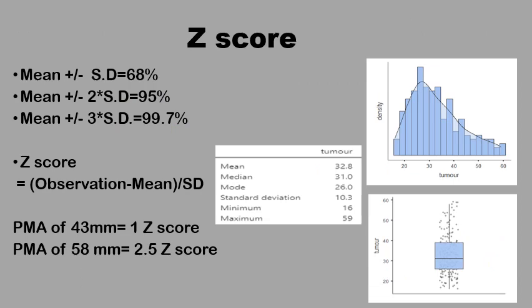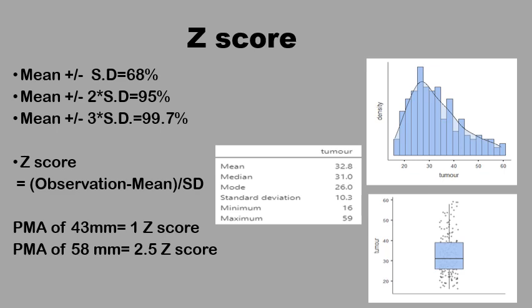And this forms the basis for quantifying the Z-score. The Z-score is a way of quantifying the difference between a certain tumor size, for example, and the average tumor size. So the Z-score equals the observation minus the mean divided by the standard deviation.